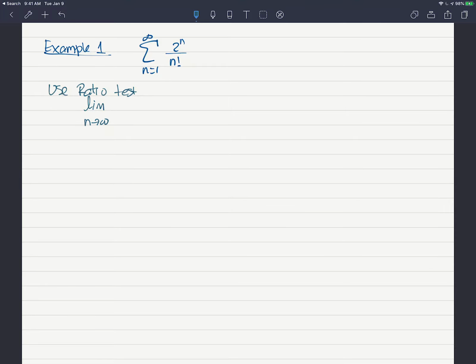I only have positive terms, so I'm not going to worry about the absolute value part, but I have to put the n plus 1 term over the n term. I'm writing it right now, but in practice, of course, you can skip that part and write the n plus 1 term as it is and the n term flipped.